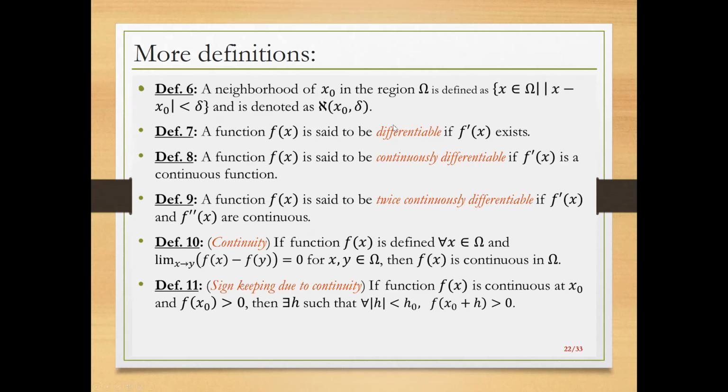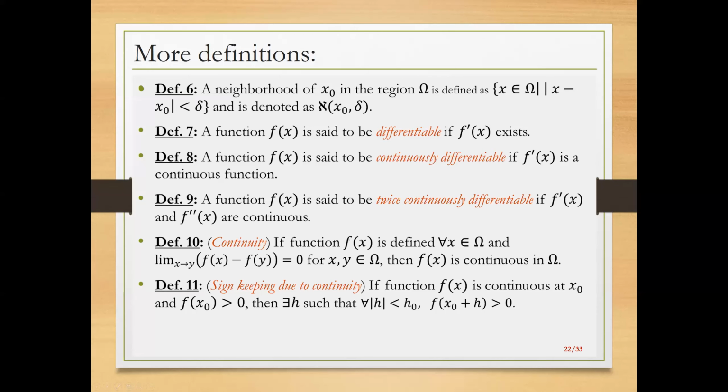So I define the neighborhood to be any delta value such that, for all the points, the difference between x and x naught, so every point that lies within the distance, within the radius of delta from x naught, is called the neighborhood of x naught.